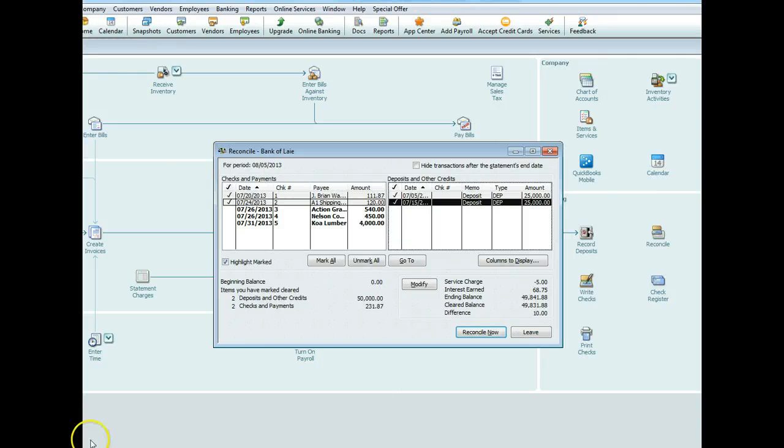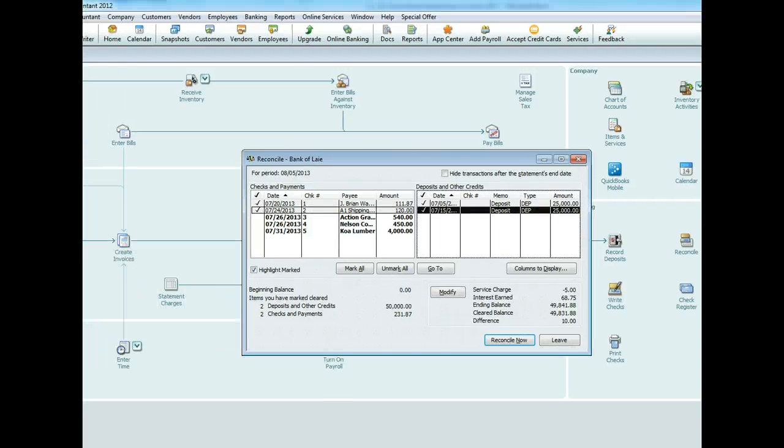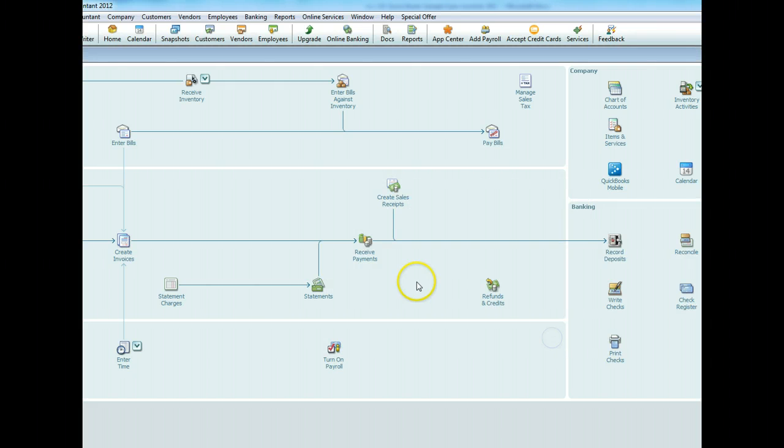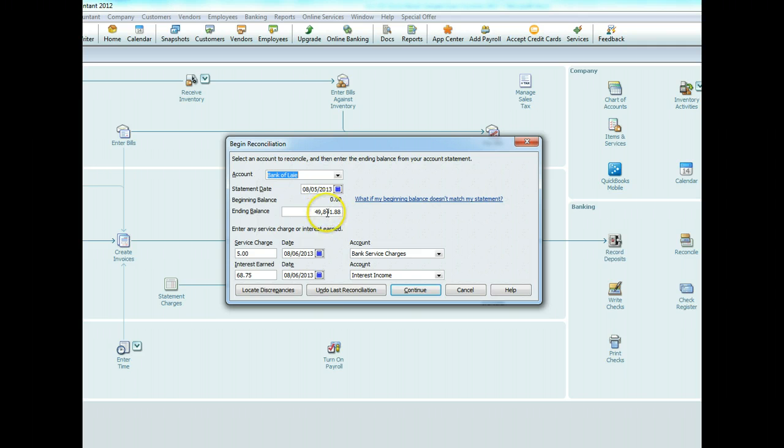Let me pause this while I go find out where my $10 came from. Okay, here's the problem. Let's go back to our reconciliation. And where I put 4-1, let's try to get that number right.